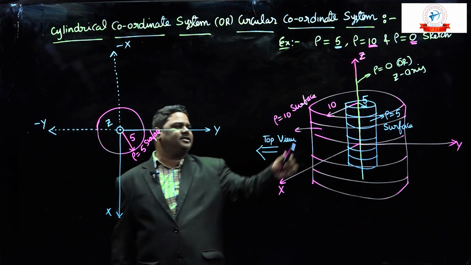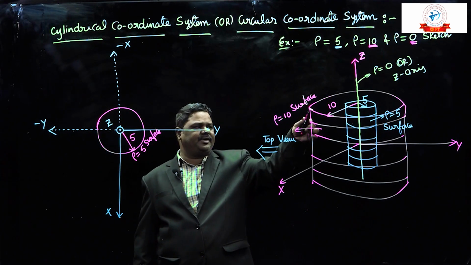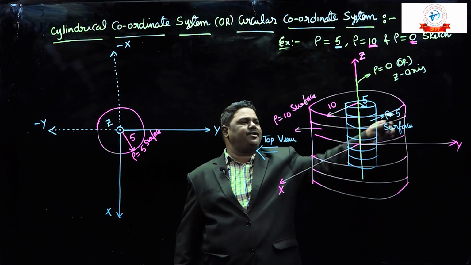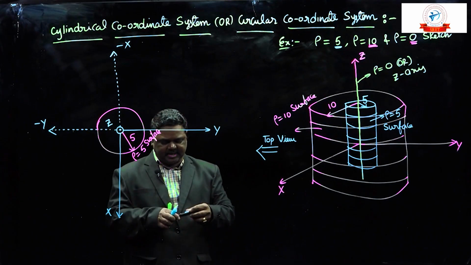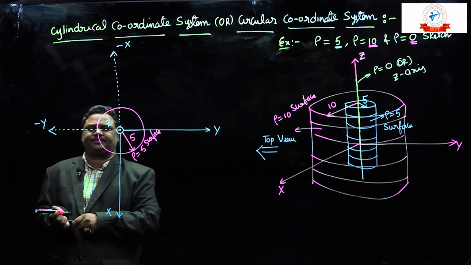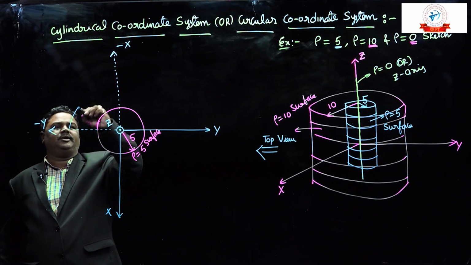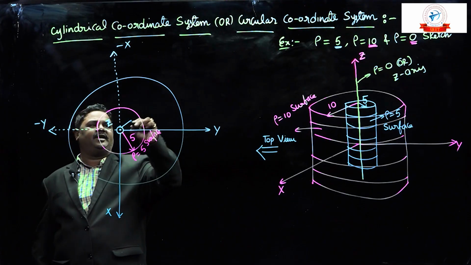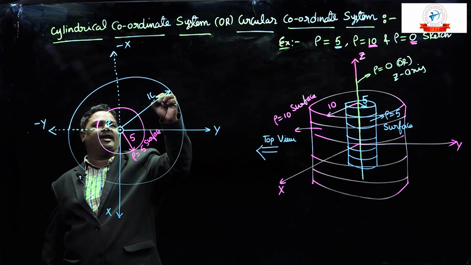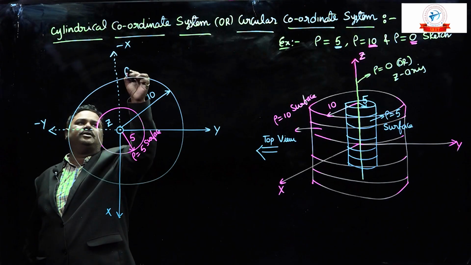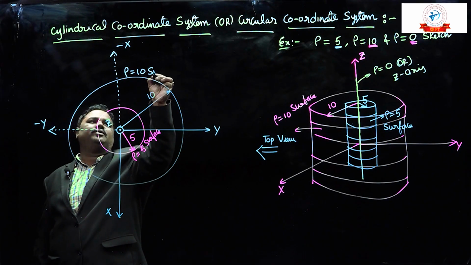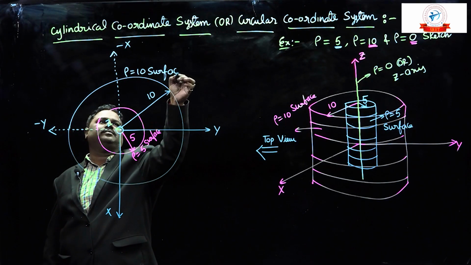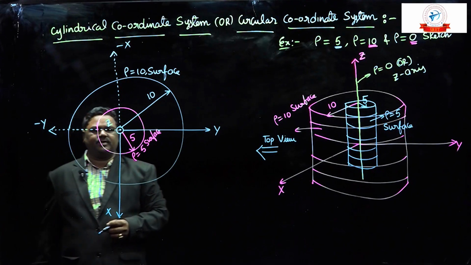Similarly, consider this outer cylinder, the rho is equal to 10 cylinder. In the top view, this cylinder also looks like a circle, and its radius is 10. So this is called the rho is equal to 10 surface.